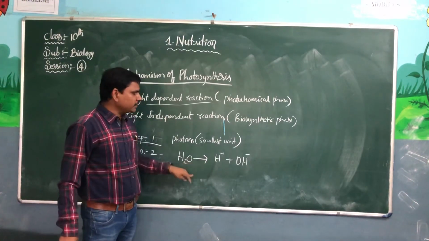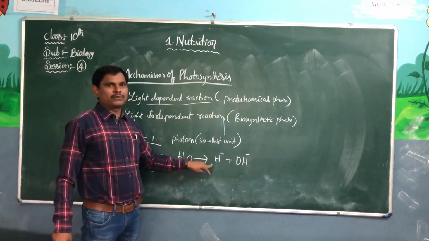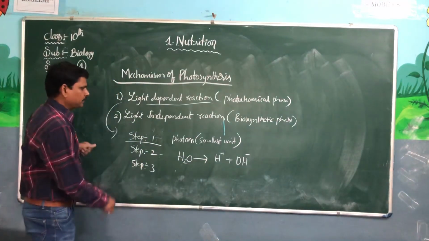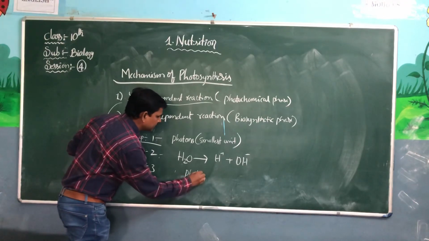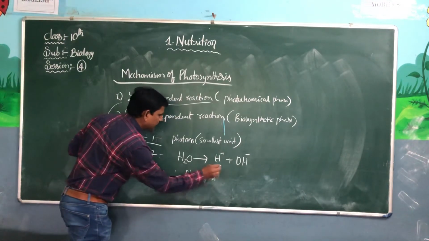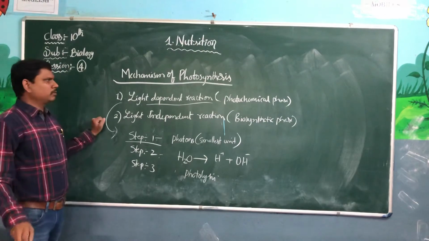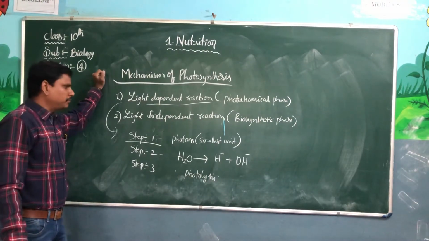Water is divided into hydrogen and hydroxyl ions. So this is also called photolysis. Photo means light, lysis means breakdown.